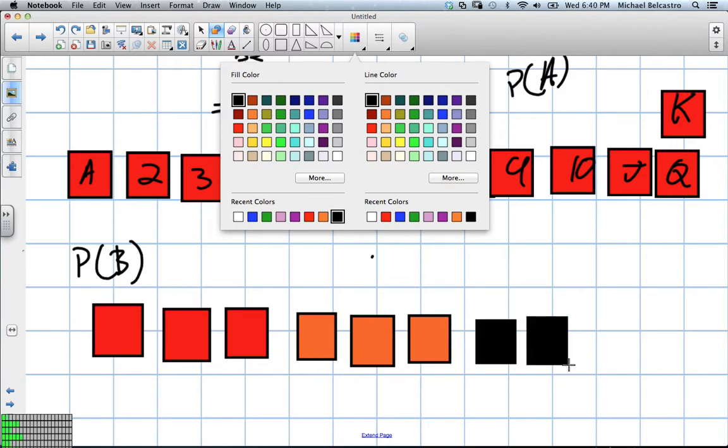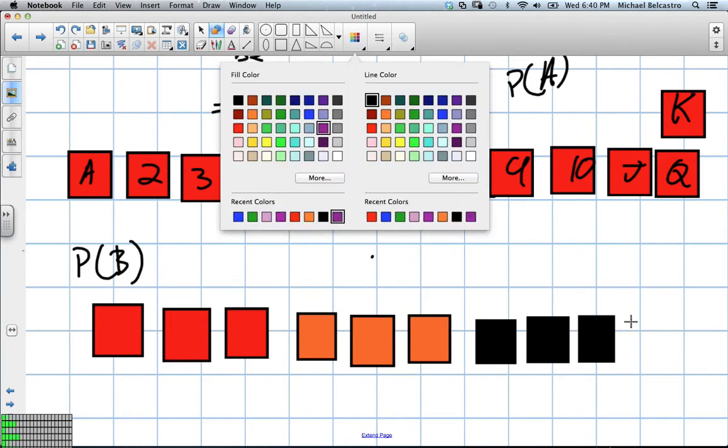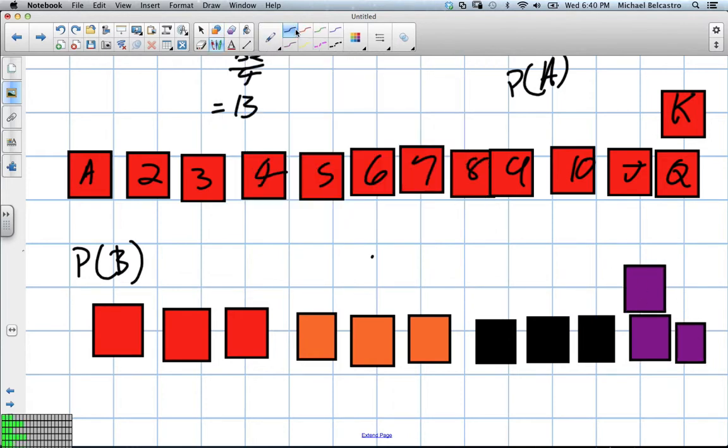And the jack, queen, king from clubs we'll do in purple, so it's a dark color. So we have a jack, a queen, a king, and so on for each suit.